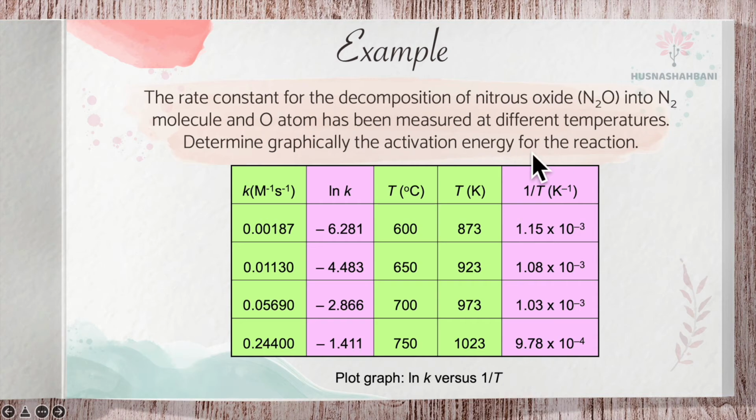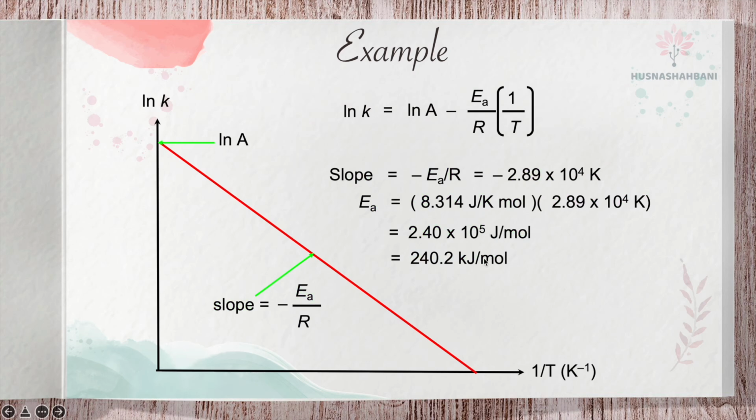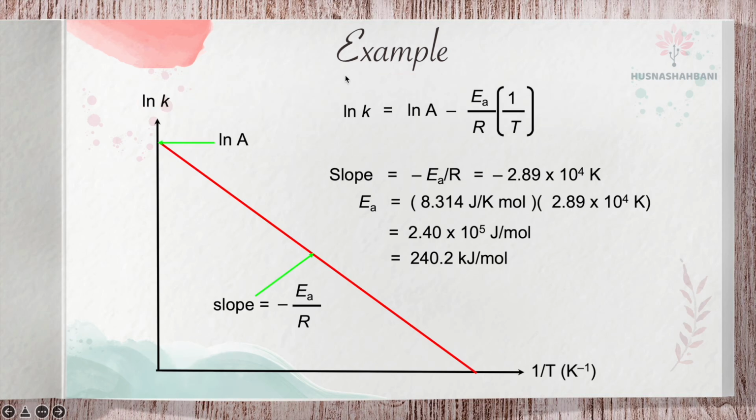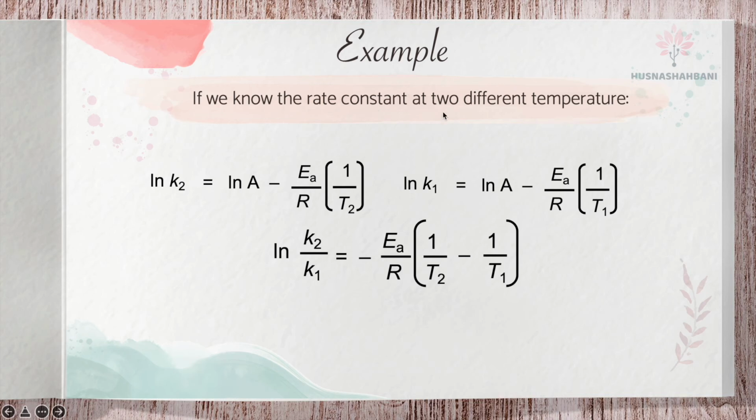Does the question ask for joule per mole or kilojoule per mole? It's up to you to leave it in joule or kilojoule. If we know the rate constant at 2 different temperatures, you can use this equation. For this one, we only know for 1 temperature. But if you have 2 temperatures, ln k2 equals ln A minus activation energy over R times 1 over temperature 2, and ln k1 equals ln A minus activation energy over R times 1 over temperature 1.